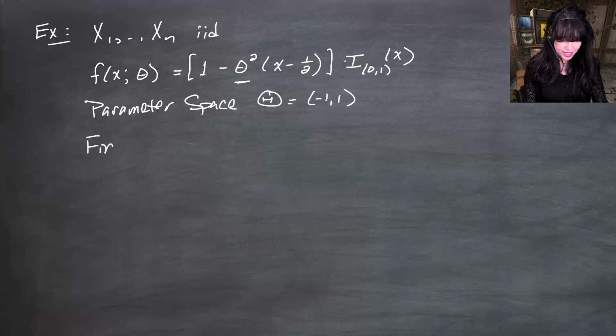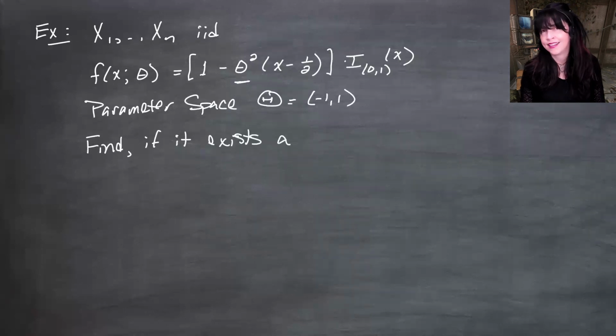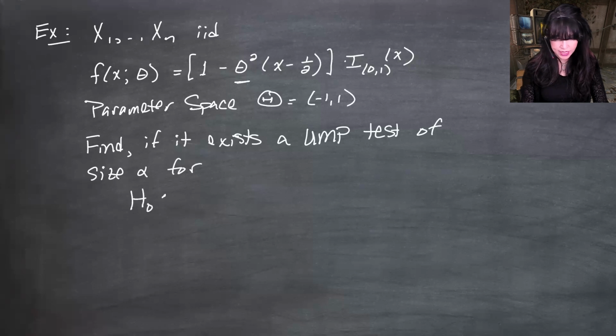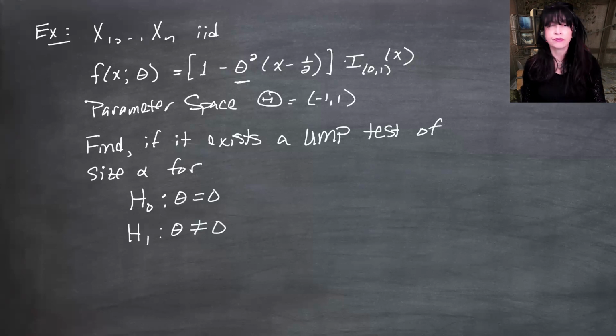Let's find, if it exists, a UMP, uniformly most powerful test of size alpha for testing the null hypothesis that theta equals 0 versus the alternate hypothesis that theta does not equal 0.